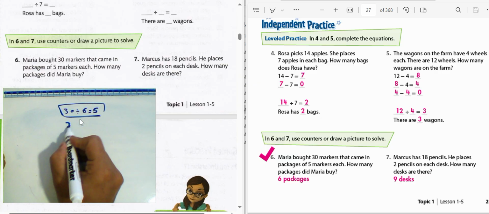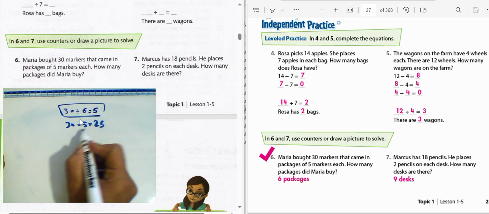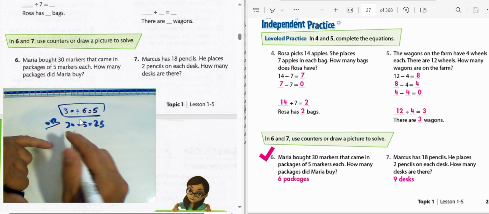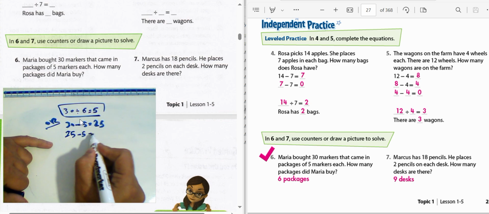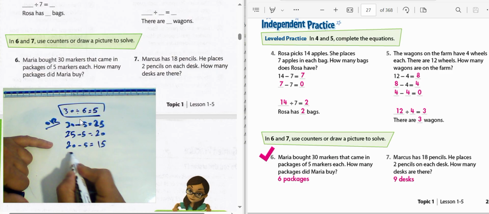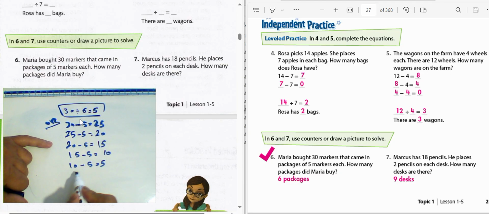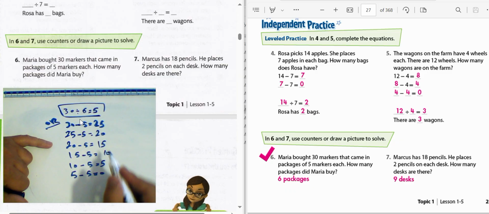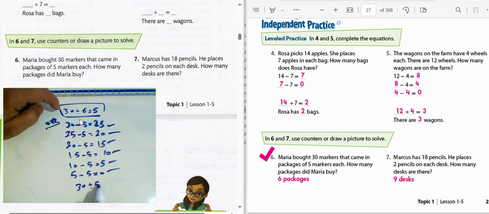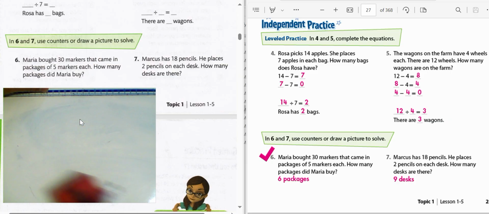Or you can write 30 minus 5 equals 25, 25 minus 5 equals 20, 20 minus 5 equals 15, 15 minus 5 equals 10, 10 minus 5 equals 5, and 5 minus 5 equals 0. Then 1, 2, 3, 4, 5, 6. So 30 divided by 5 equals 6. Okay, understood. Then the number will be 6 packages.